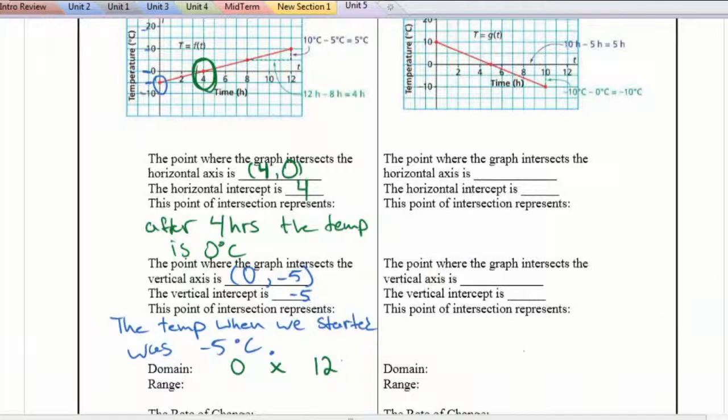My x's are all bigger than 0 and all smaller than 12, so I have closed dots at either end. So my x values are greater than or equal to 0 and less than or equal to 12.